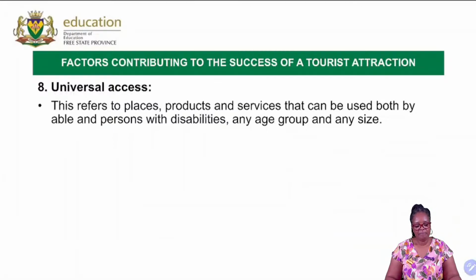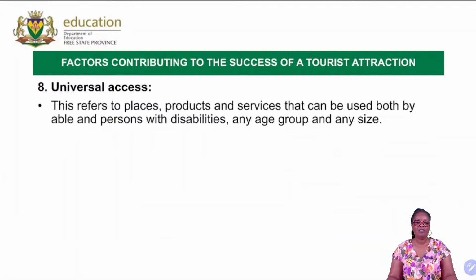The eighth, which is the last factor that the attraction must do for them to be considered a successful tourist attraction, is universal access. Universal access. Everyone must be able to go anywhere. Anyone must be able to enjoy everything in the attraction.